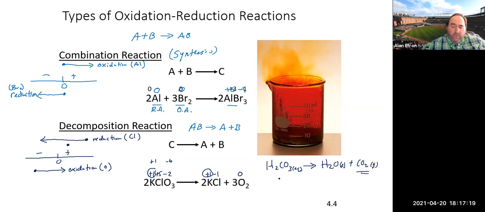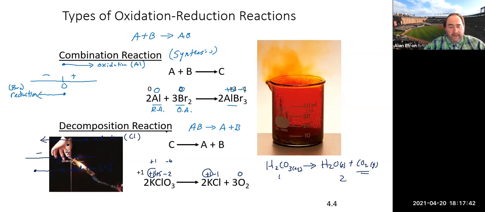And again, one thing making two things on the right-hand side. Again, your classic decomposition reaction. All right. So these are two different classifications of reactions, also, again, under that big umbrella of redox reactions that are occurring.